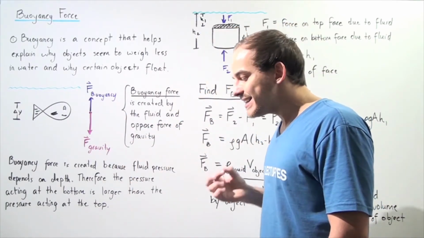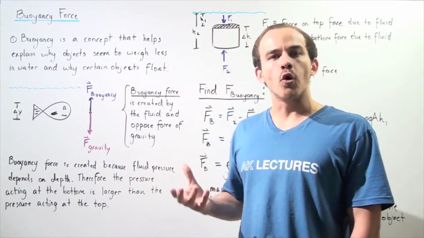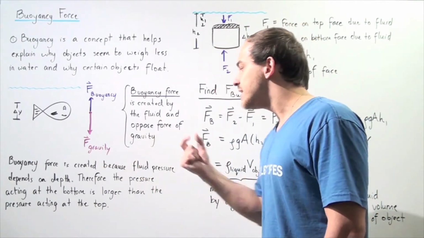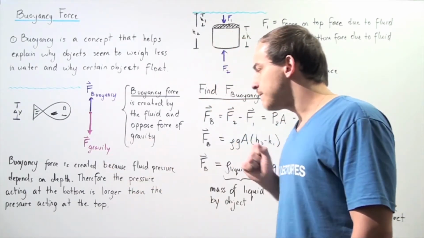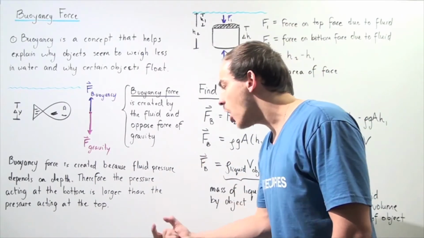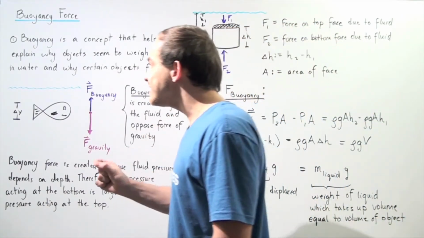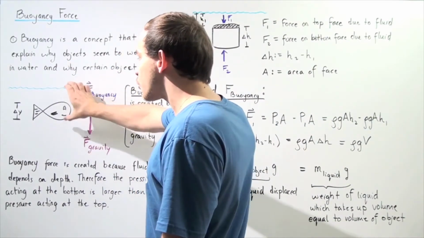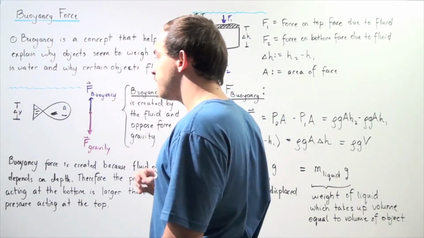Now, what exactly is the buoyancy force? In other words, where does the buoyancy force come from? Well, the buoyancy force is created because fluid pressure depends on depth. Therefore, the pressure acting at the bottom of the fish is larger than the pressure acting at the top, because the distance from the surface of the water to the bottom of the fish is greater than the distance from the surface of the water to the top of the fish.